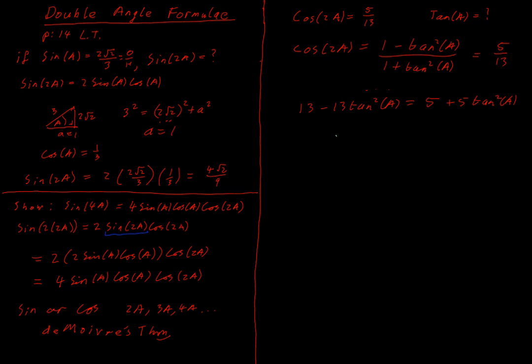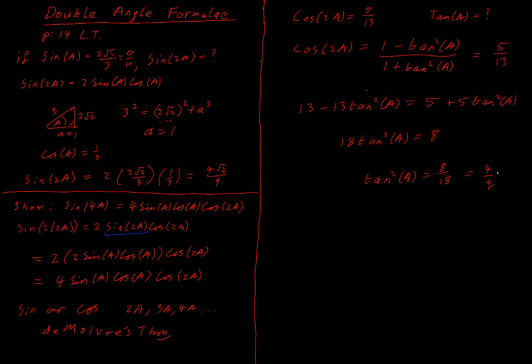Rearrange, and you will get 18 tan squared a is equal to 8. So tan squared a is equal to 8 over 18, which simplifies down to 4 over 9.